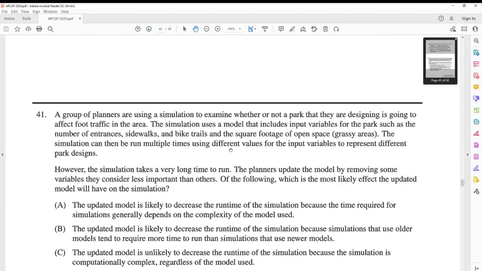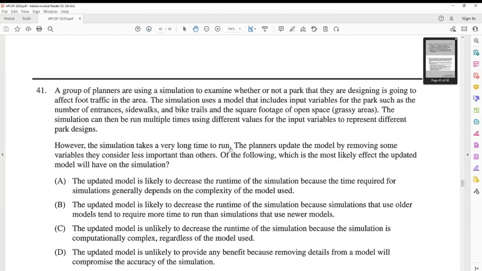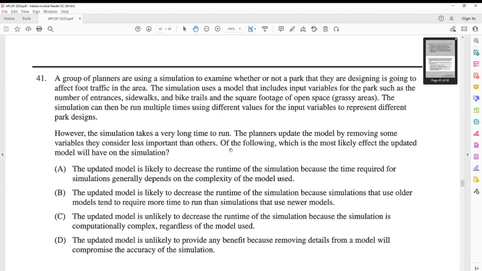Okay, 41, let's continue with 41. A group of planners is using simulation to determine whether a park they are designing is going to affect the foot traffic in the area. The simulation uses a model that includes input variables for the park, such as the number of entrances, sidewalks, or whatever. The simulation can then run multiple times with different values for the input representing the park design.